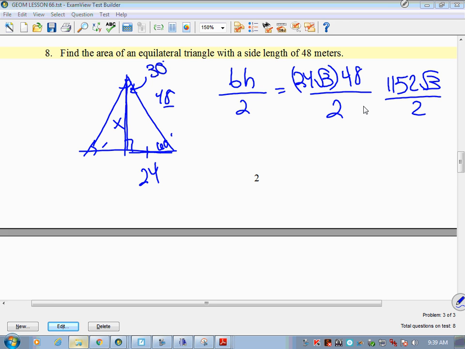What's 1,152 divided by 2? So I get 576 radical 3 feet squared. Or sorry, this is in meters squared, isn't it? Square meters, or meters squared.